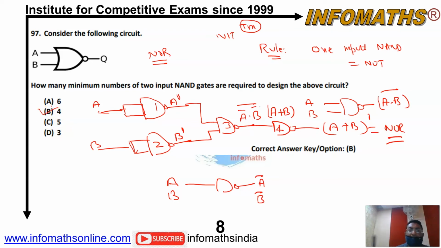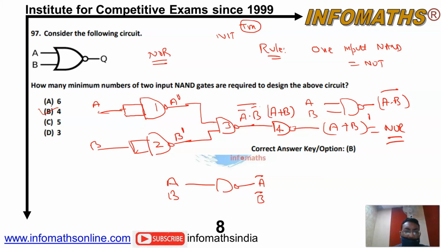This is a little time consuming question, but if you are studying at our institute, we tell the students to cram certain terms to avoid the time of solving this question. If you are from Informatics, this question can be solved in 2 seconds because we tell the students how many gates are used to construct this from this, this from this.